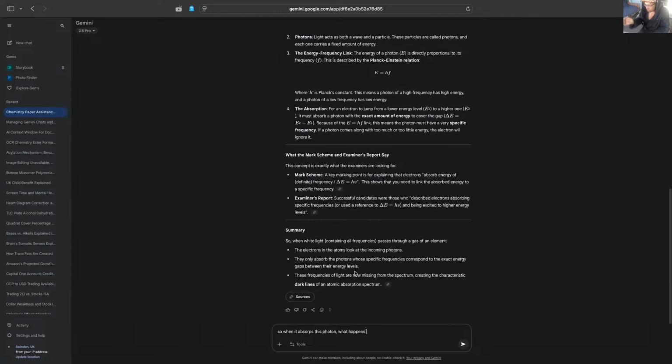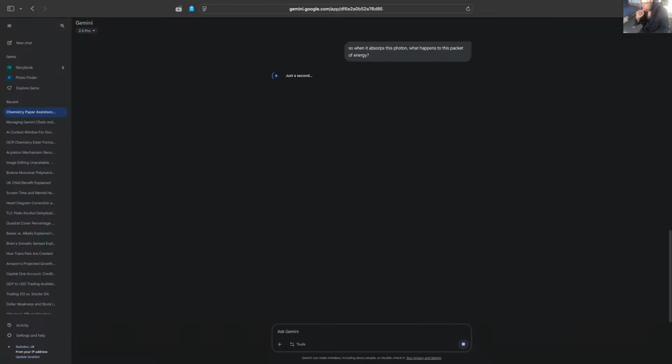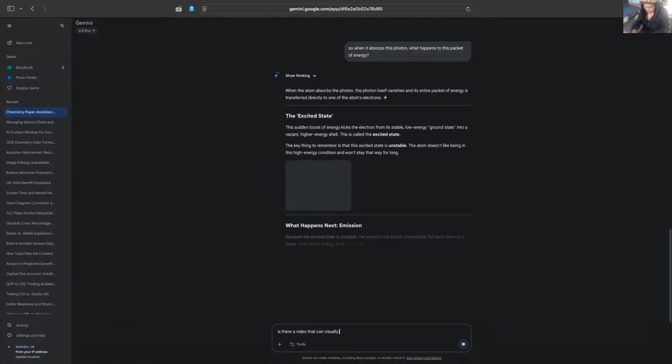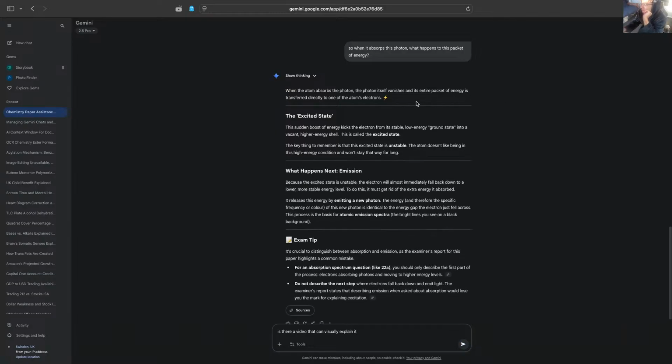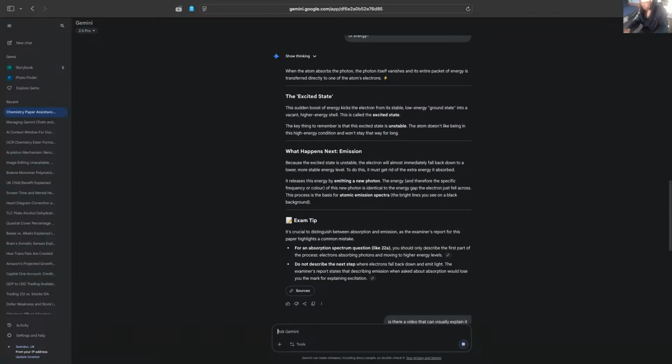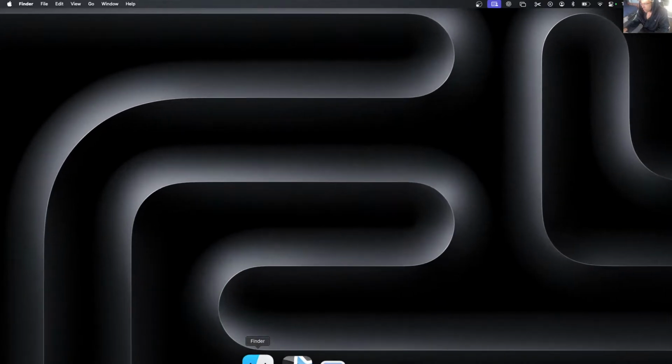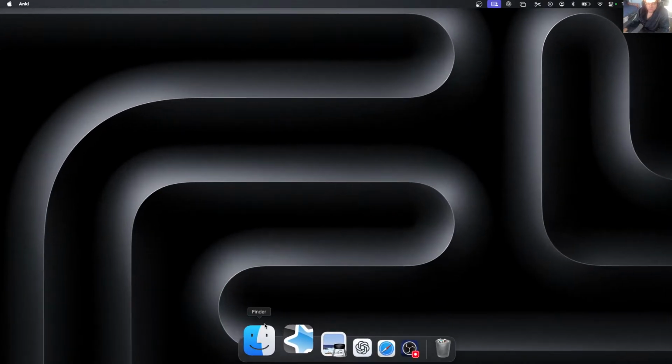When it absorbs this photon, okay, let me Anki flashcard that, because that's actually pretty interesting.